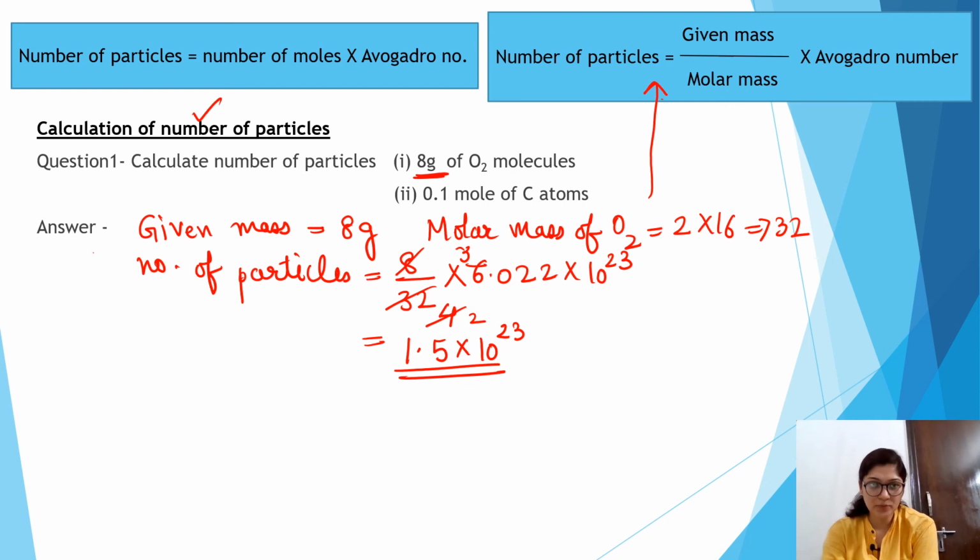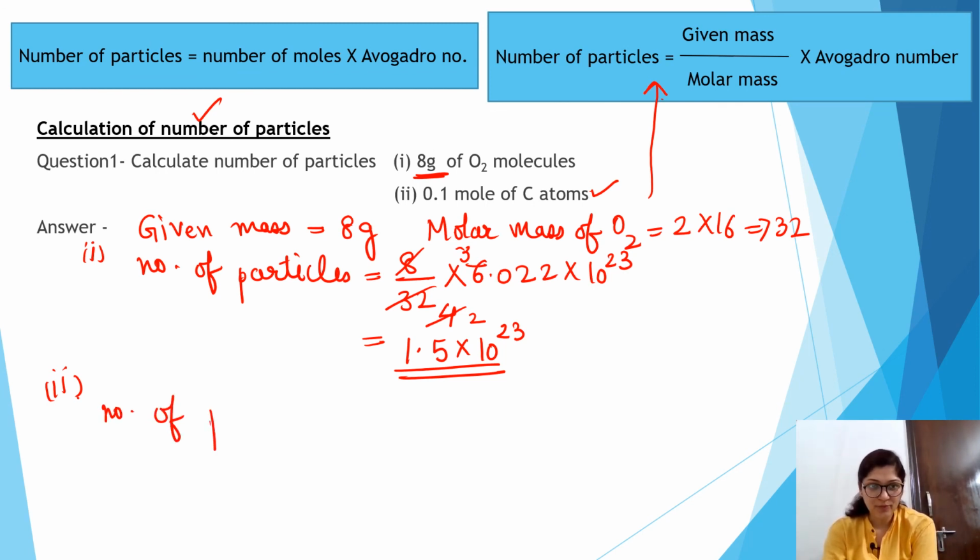Now this is the first part. If you want to calculate the second part, we have given moles, it is given 0.1 mole of carbon atom and you have to calculate the number of particles.